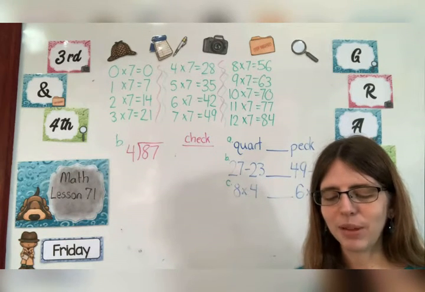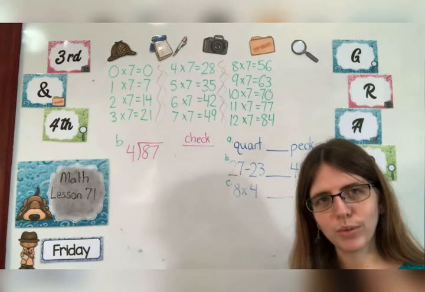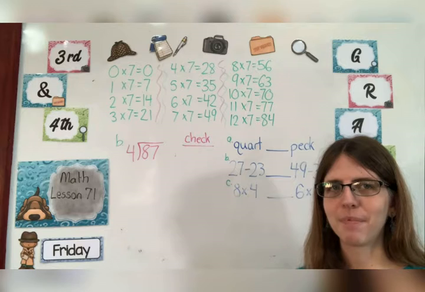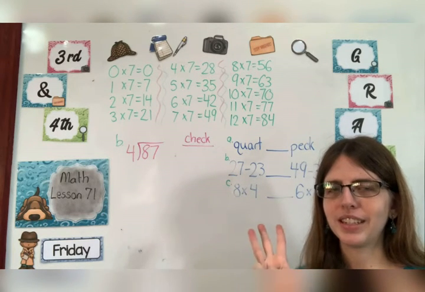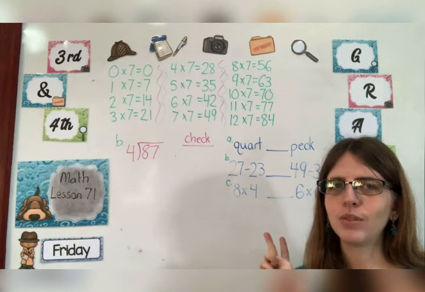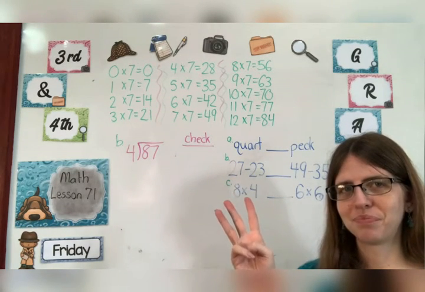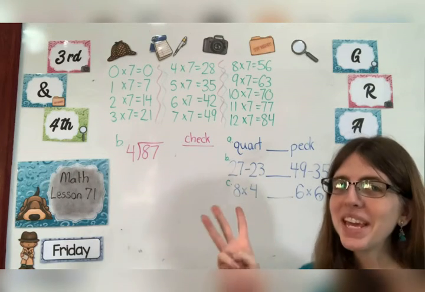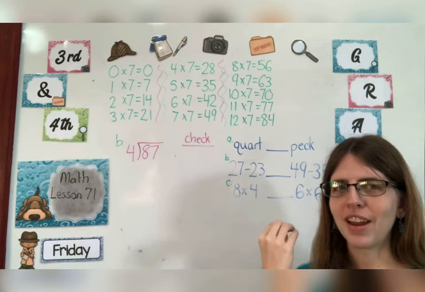All right, and our last one, letter F, a pet dog would be measured in pounds. Let's think about that. Your pet dog, you have 3 choices: ounces, pounds, or tons. Would you measure it in tons? No, that's for big animals like elephants. So no tons. Now we're down to ounces and pounds.